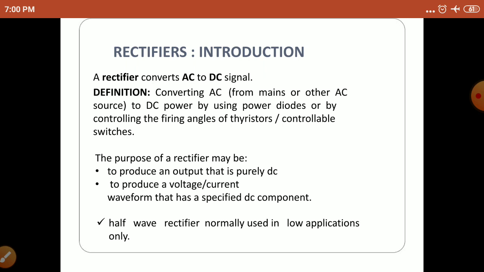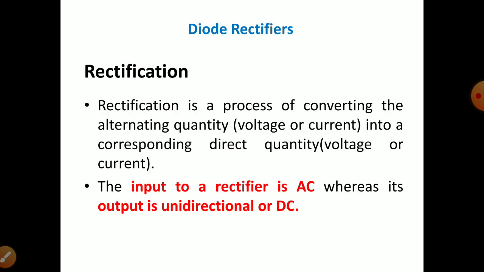That is the purpose. Next, half-wave rectifiers are normally used in low power applications. Half-wave means only one half cycle is rectified, so it is used in low power applications only. In almost all higher applications, high power rectifiers are used. That's about the purpose and need of rectifiers.